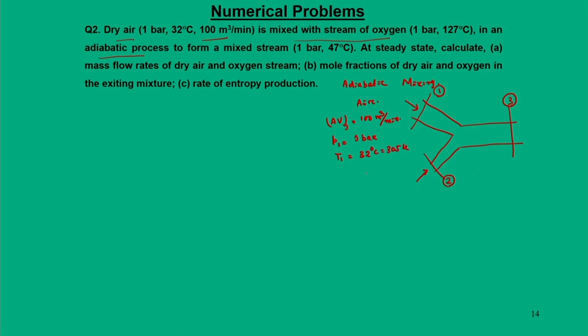State 2 is oxygen, and its condition is P2 1 bar, T2 127 degree centigrade, so this is 400 Kelvin. And the final stream is the mixed stream.